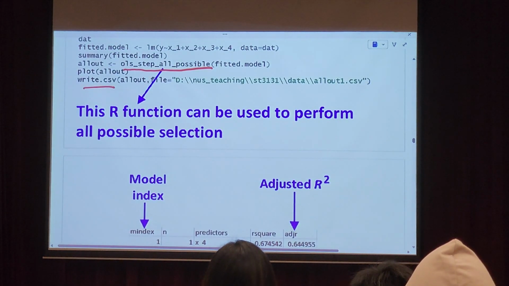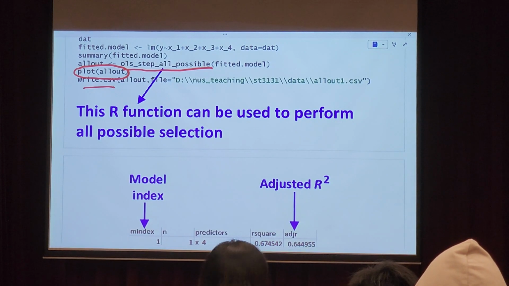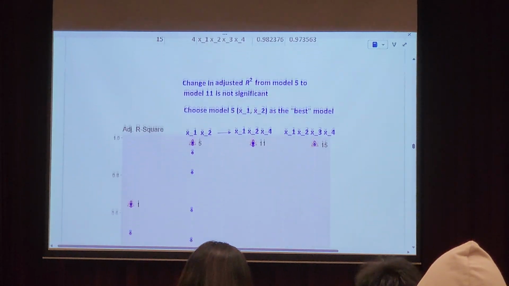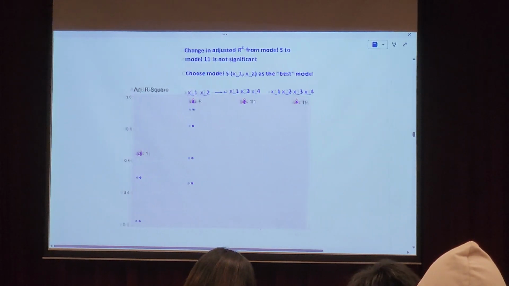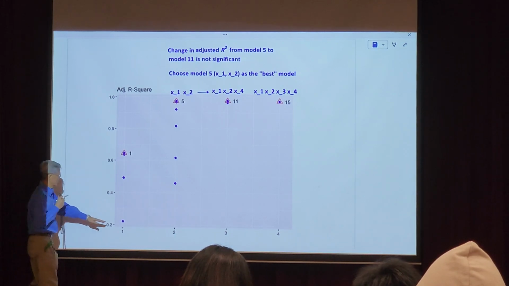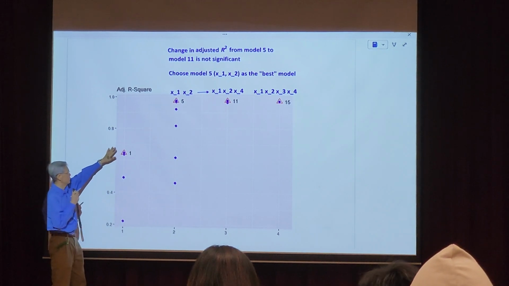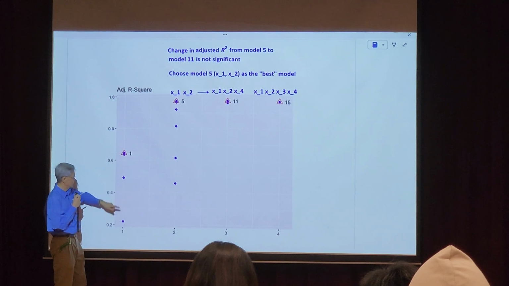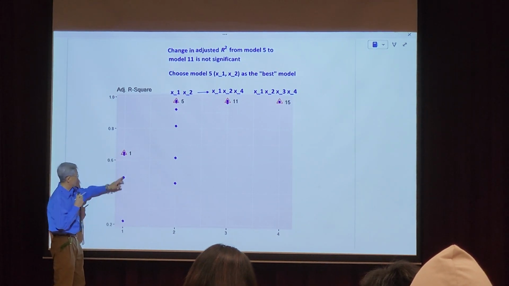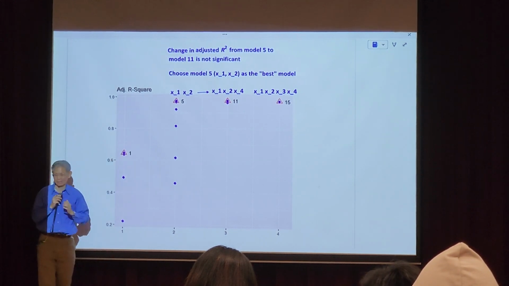And it can also produce a plot, which is quite useful for us to determine which is the model that we want. That graph is shown here. So if you have one regressor, one of them is X1, one of them is X2, the other one is X3, X4. You can see that one of them is the best, around 0.6 something.